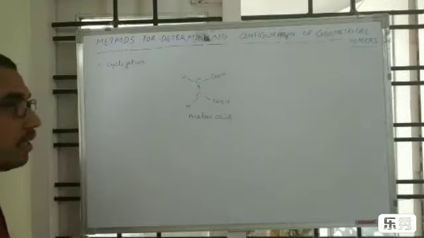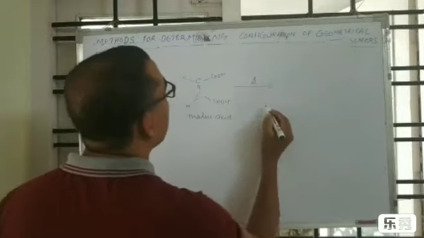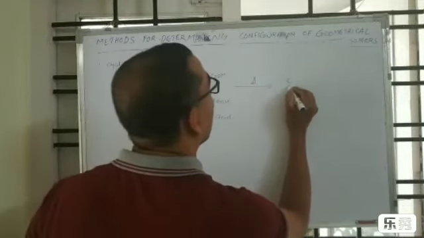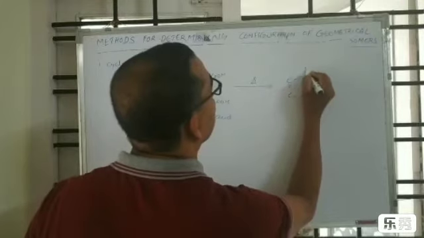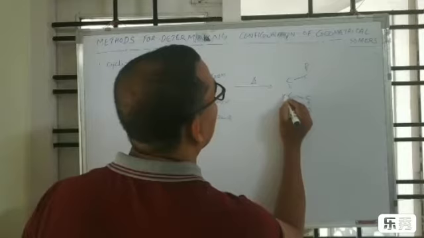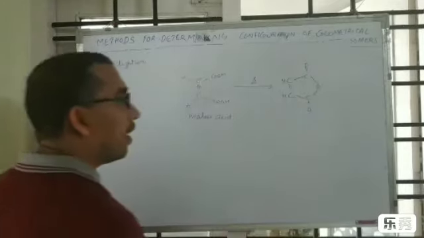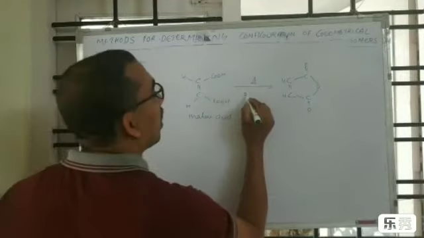Here, on gentle heating, the anhydride is formed. Malic anhydride is formed on gentle heating.